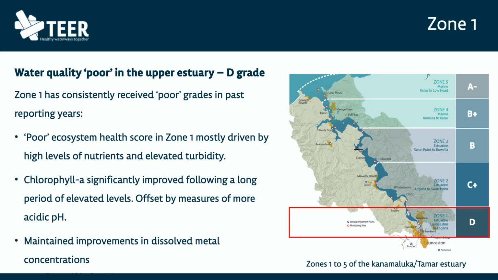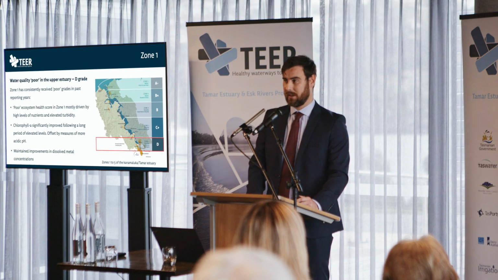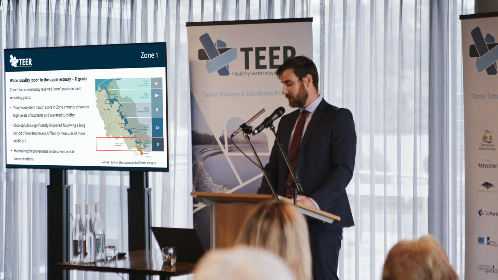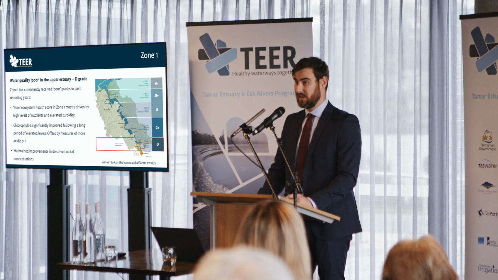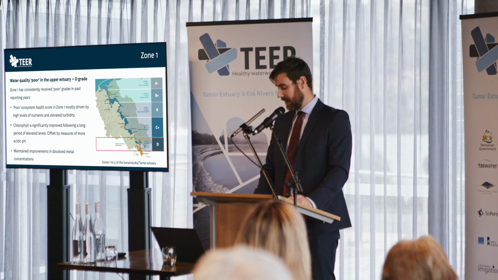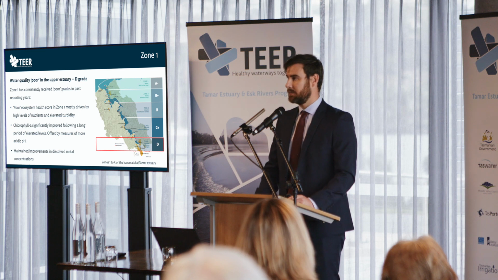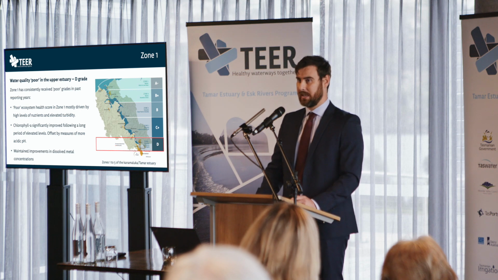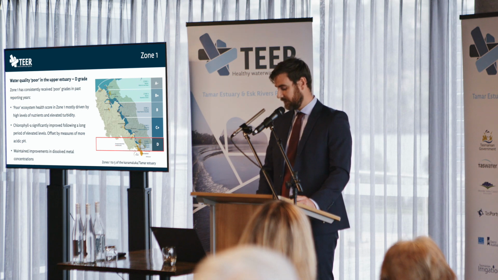We're into zone 1. So as I had mentioned at the start, zone 1 received a grade of poor water quality, which is consistent with most other reporting years. Zone 1 is constantly under pressure from higher levels of nutrients and elevated turbidity, as we are aware. After a pretty significant period of time, we've seen improvements to chlorophyll A, quite significant improvements in this zone, which is great to see.